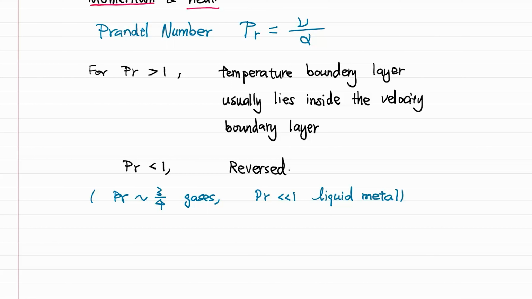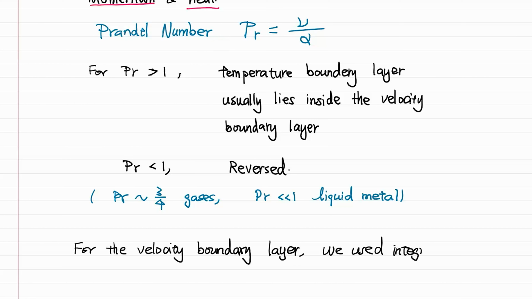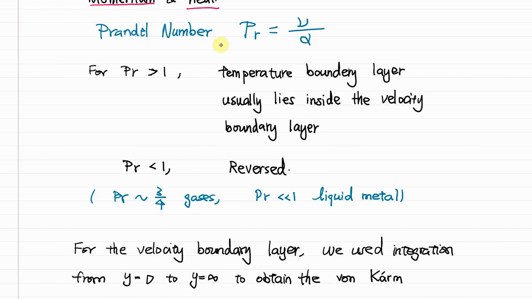So remember that for the velocity boundary layer, we used the integration from y equals 0 to y equals infinity to obtain the von Karman momentum balance.